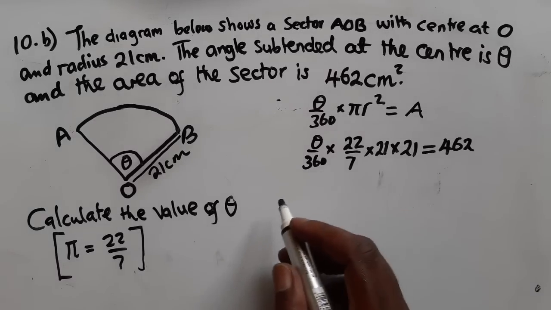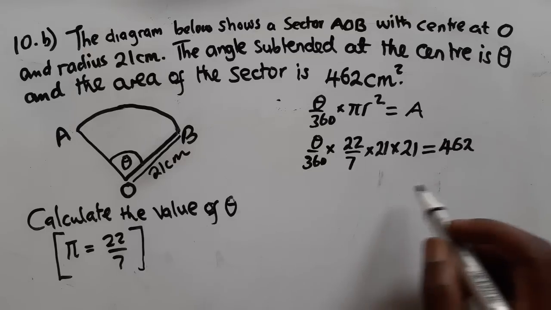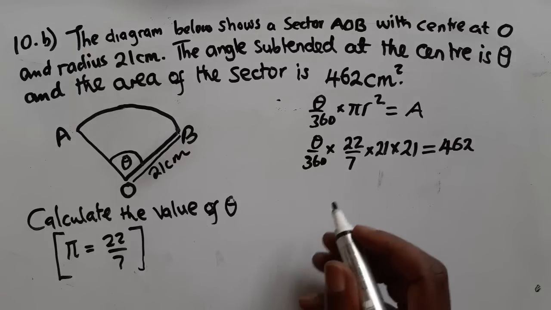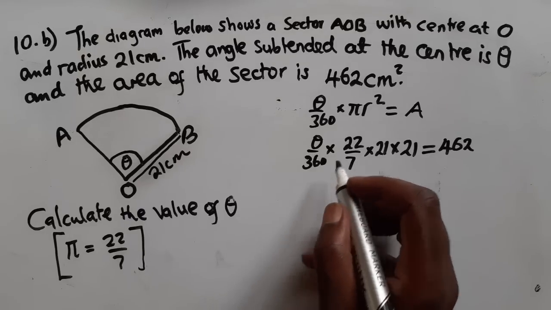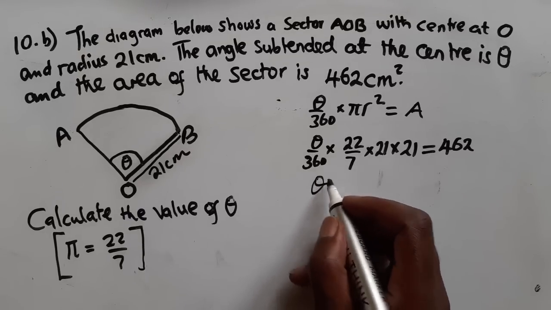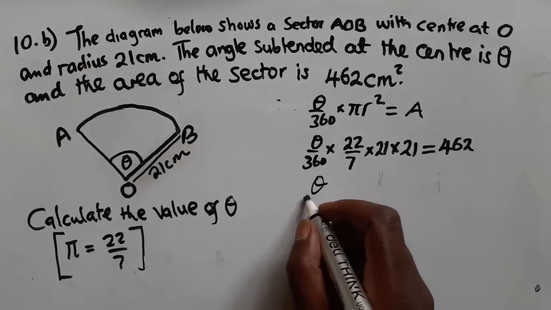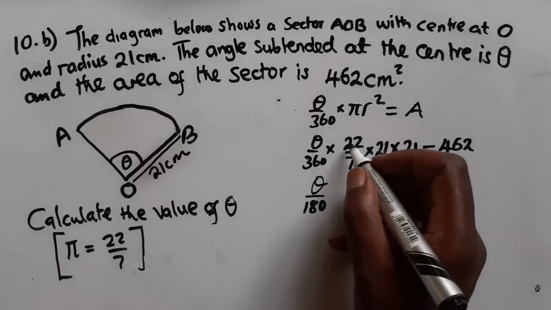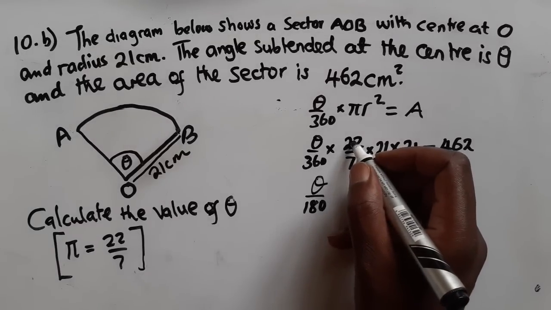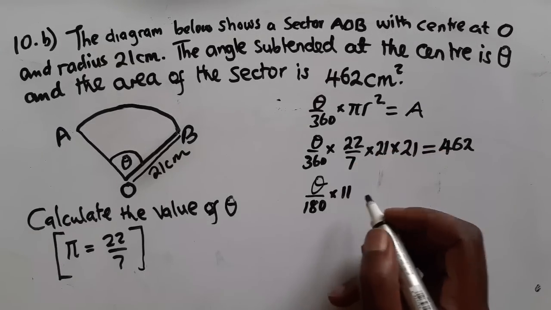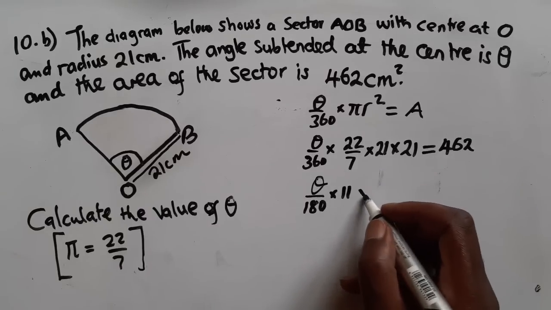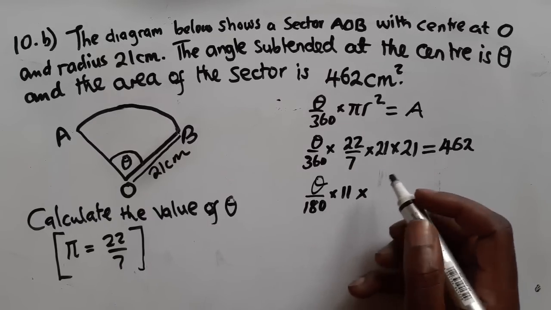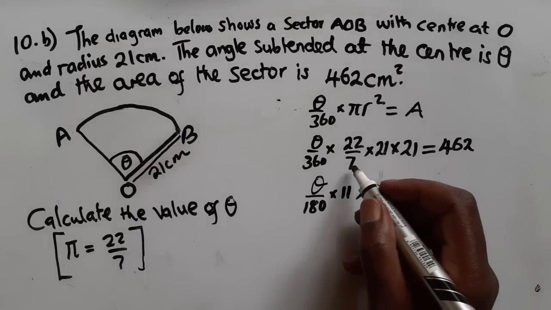At this point now we can begin to simplify. Remember, this is paper 1 where you do not have a calculator. So now we say 2 into 360, it's 180. 2 into 22 here, it will be 11. 7 into 7, it's 1. So there will be 1 here, which becomes irrelevant.